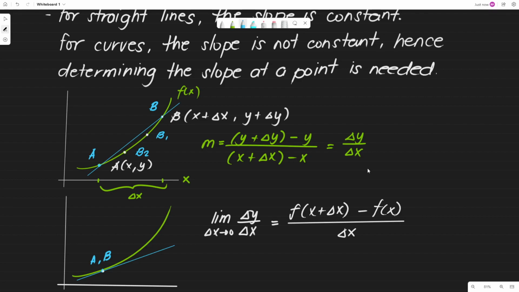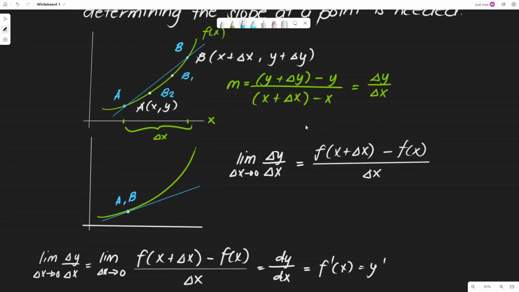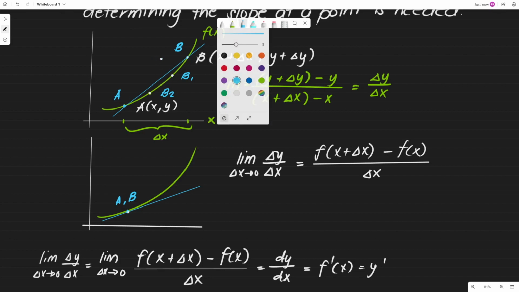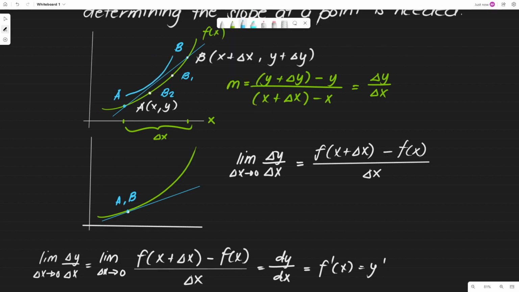Okay, so how do we get the slope of a curved line? We're going to set a fixed point. Let's say we have here our fixed point A, and gagawin nating reference yung delta x natin. We will move from point B closer and closer going to point A, until such time that delta x becomes 0.